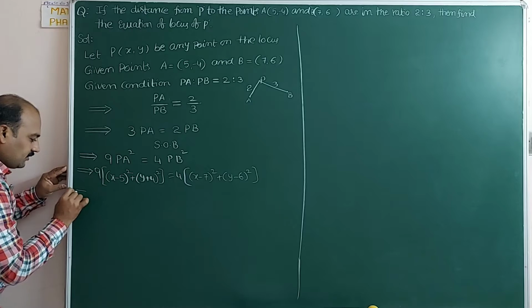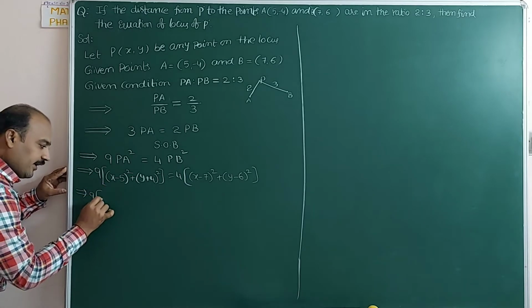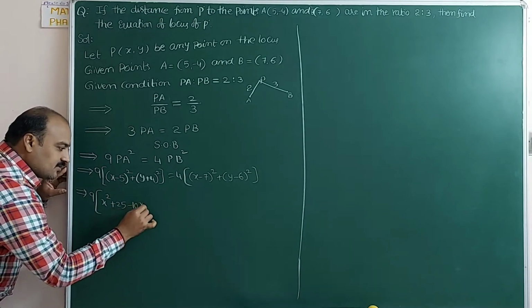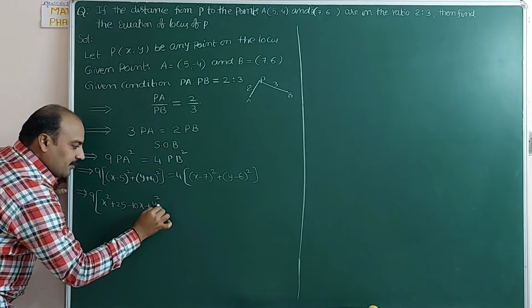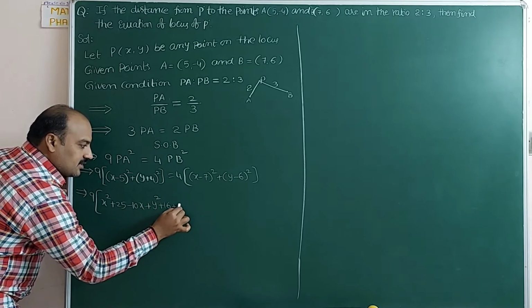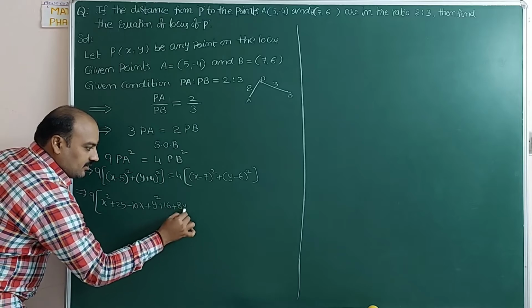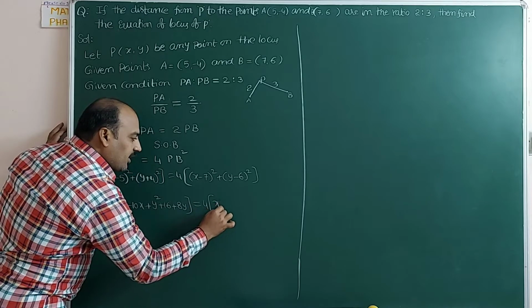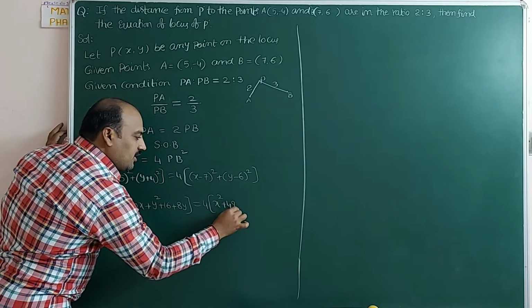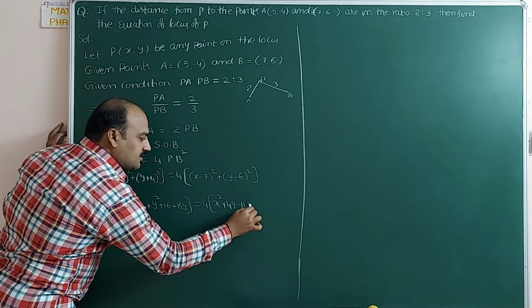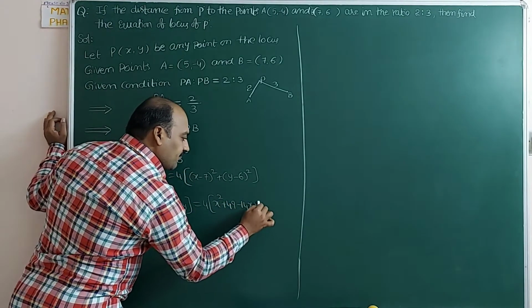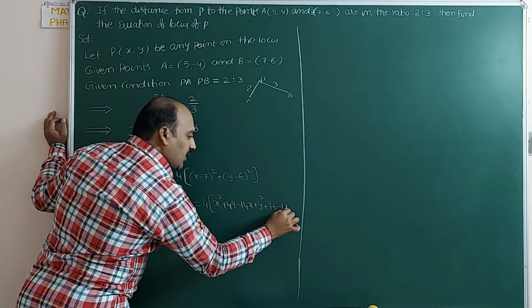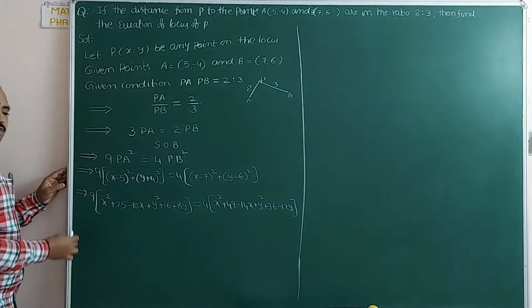Now expanding: 9 into (x² + 25 − 10x + y² + 16 + 8y), and this side 4 into (x² + 49 − 14x + y² + 36 − 12y).